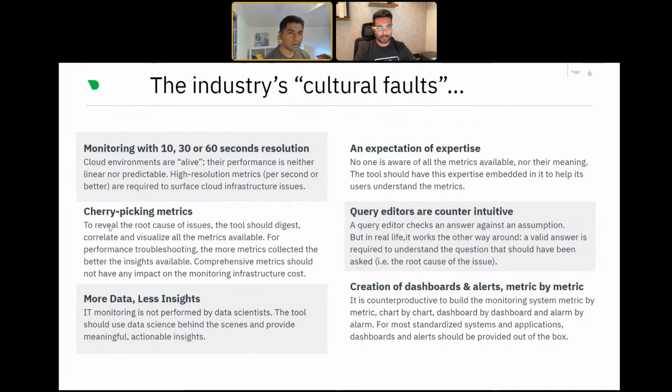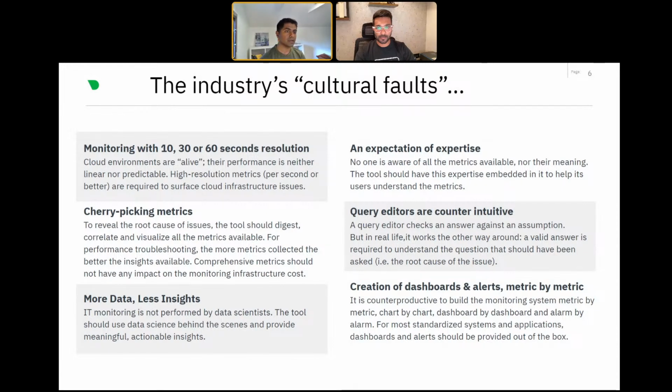The other one is having to cherry pick metrics. Think about this: your system and whatever is running on it, there's thousands and thousands of different metrics that you could use to monitor this thing. Ideally, you'd get all the metrics, right? All the metrics are being collected and stored somewhere, so that whenever there's an issue or whenever you're curious, you have a place to go and look for this data.